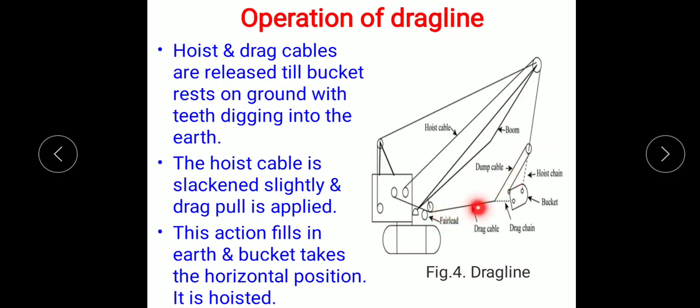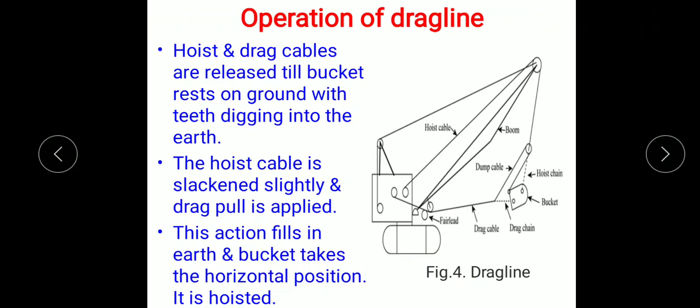This is a drag cable through which force is applied. This is the bucket which is used for excavation, to which a drag chain as well as hoist chain is applied. So a force is applied through this drag cable, and because of which drag chain and hoist chain are also operated.